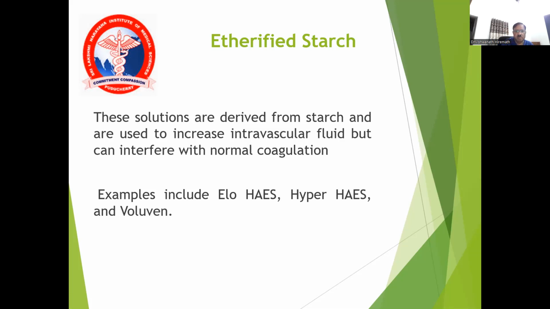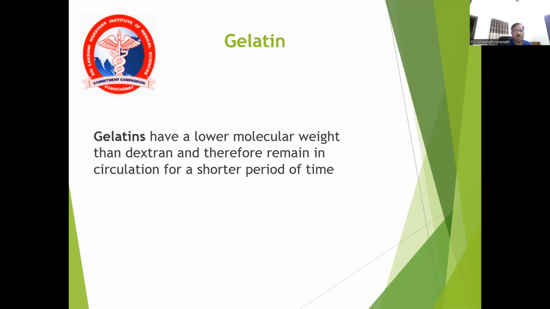Hetastarch and others. Gelatin or other colloids: gelatins have a lower molecular weight than dextran and therefore remain in circulation for a short period of time.